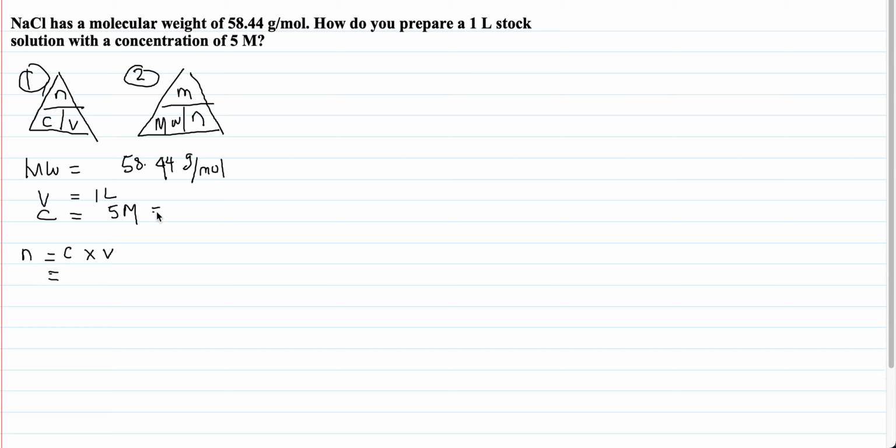So 5 molars is essentially 5 moles per 1 liter. So when we plug that in, and then we plug in the volume that we want to make up this stock solution in, which is 1 liter, we can just cancel out the volumes, and we get the number of moles that we need to get 5 molars of sodium chloride in 1 liter.